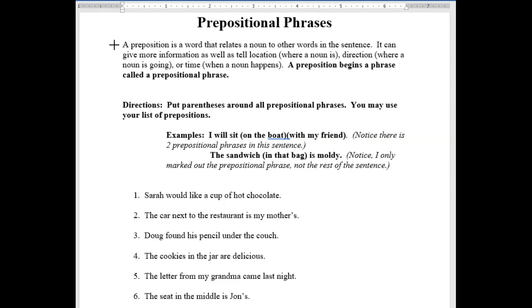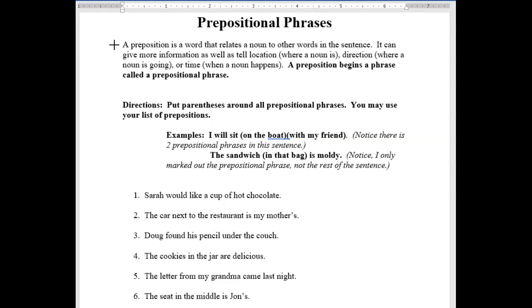So if you look on your list there, you can probably find different words that will tell location, direction, and time. So a preposition begins a phrase called a prepositional phrase. So what that simply means is the preposition is always going to be at the beginning of the phrase.